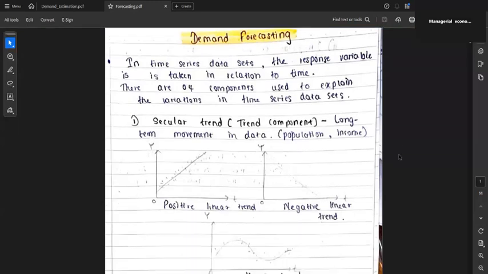So in here, we are going to take time series data. According to the time, we are going to take time as the independent variable, and the response variable, that is quantity of demand, is taken in relation to time. So here, we have business statistics.